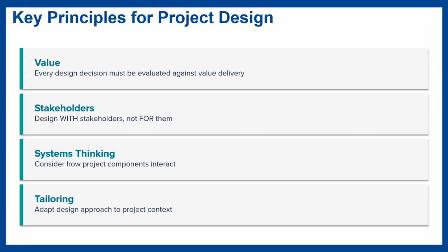For instance, you cannot use the same project design for an event for, let's say, community outreach. They have different components. So you have to make sure that you tailor the project based on the needs and also based on what your stakeholders want.